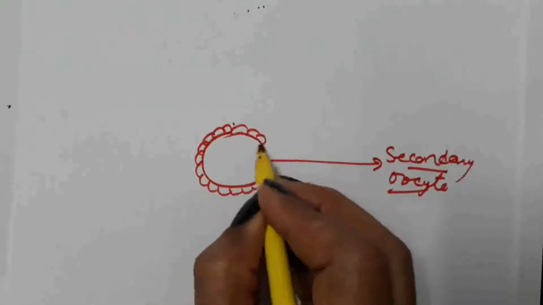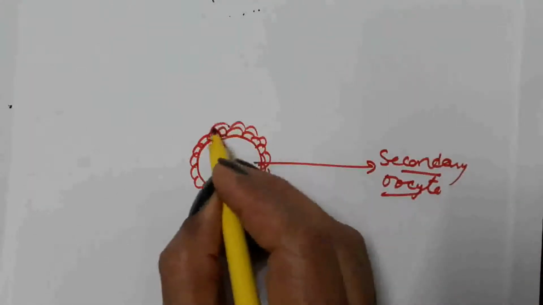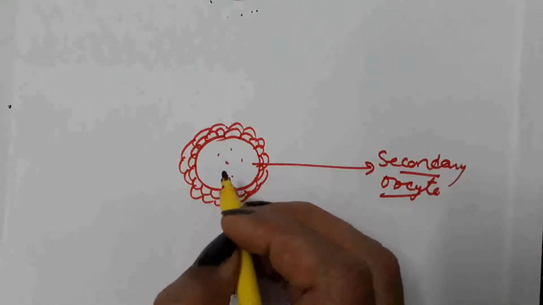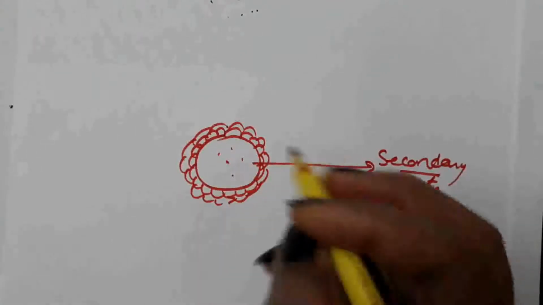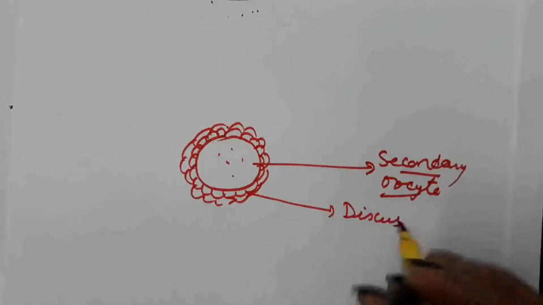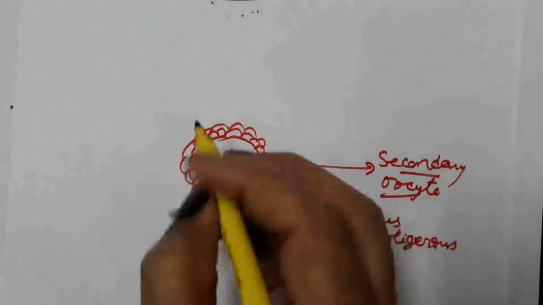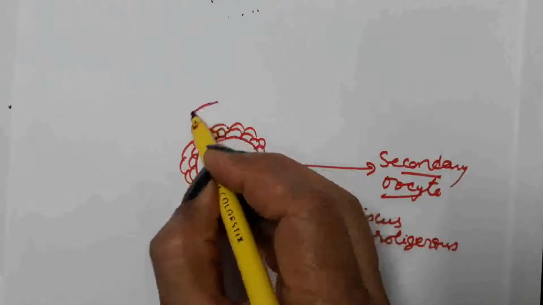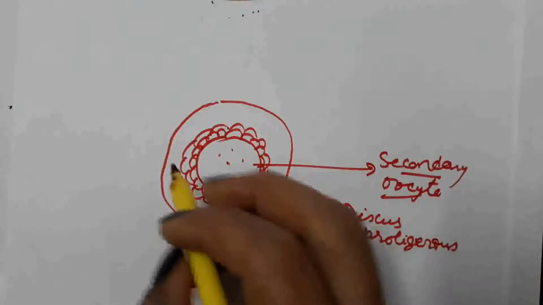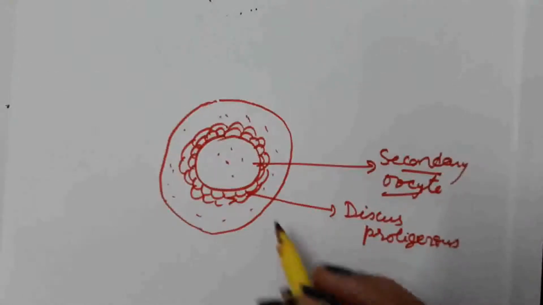These are the follicular cells, and we call this discus proligerus. A cavity develops around this. It is a fluid filled cavity and we call it antrum.